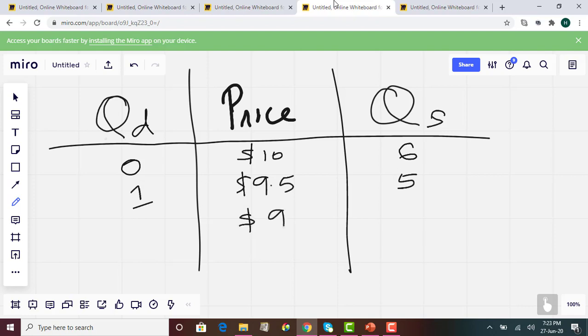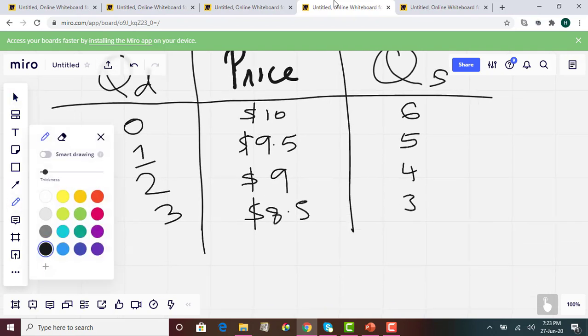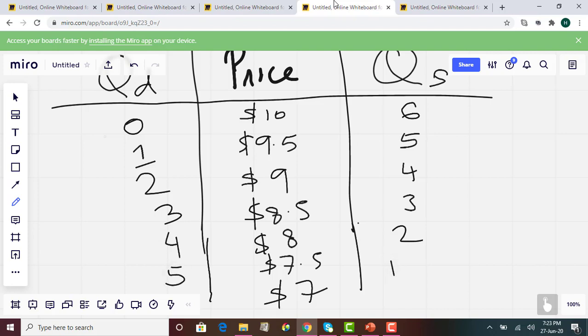Then we have 9, then 8.5, then 8, 7.5 and 7, and we are given 2, 4, 1, 5, 0, 6.